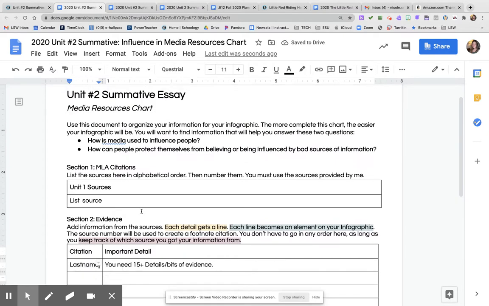You're going to need to have 3 to 5 sources from each of these sources that we go through. So it's going to be a variety for the entire time. I don't have a set number yet for this particular assignment, but I want you to be kind of keeping track of information as we go through. So that is what this chart is for.